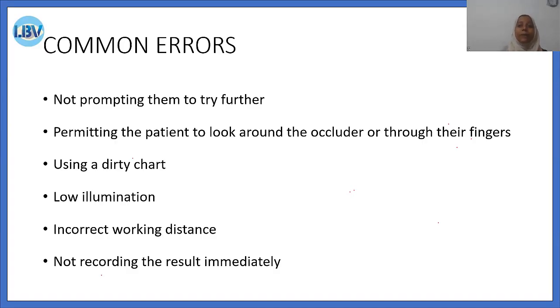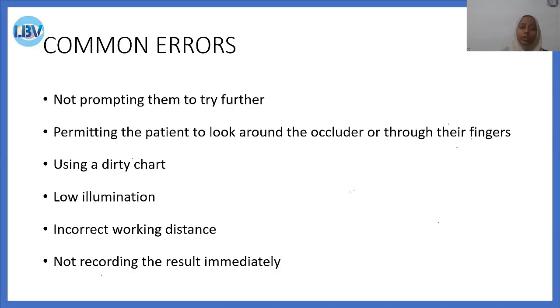Another error is using a dirty chart, maybe a near vision chart. It goes through every hand, so it becomes dirty. Particularly, I have seen that in a region where people speak Hindi a lot, the page that has the Hindi reading text will be very dirty. So make sure that the chart is not dirty. The problem is also the illumination.